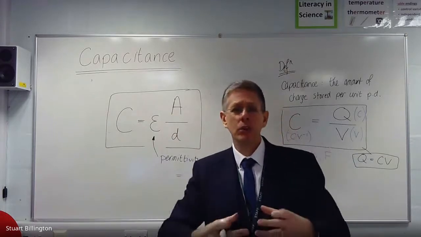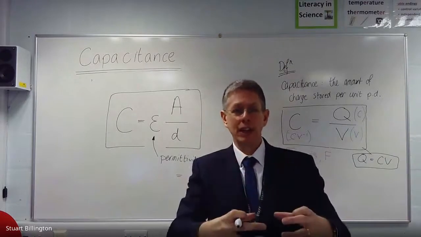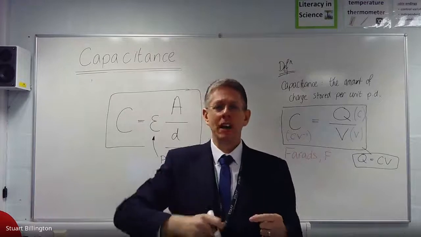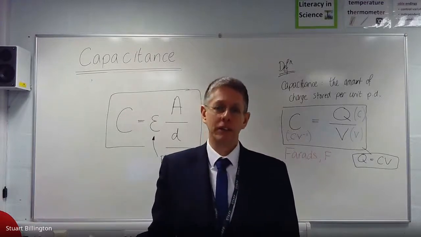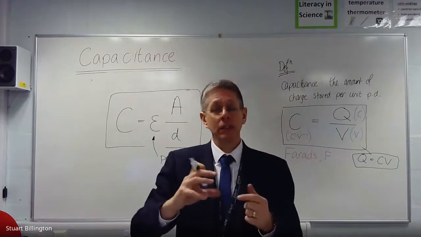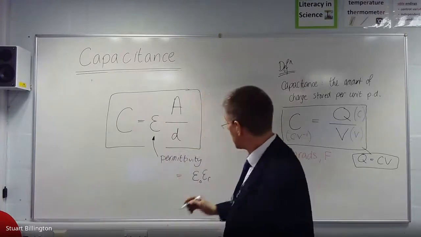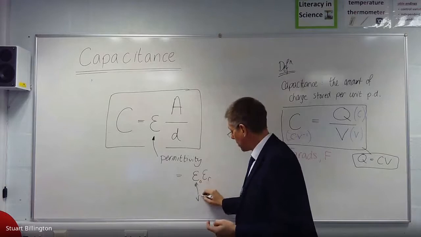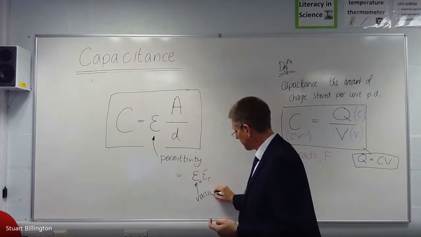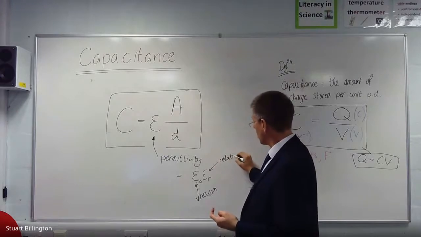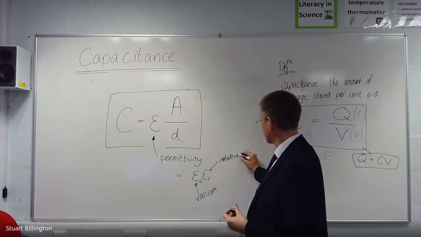It's almost like we use the unit of the vacuum permittivity. So the bin bag might have a permittivity of 3 lots of vacuum permittivity. It just allows us to tabulate the values a little bit easier and compare them a little bit easier. So this is the vacuum permittivity. And this is then a scale factor called the relative permittivity.